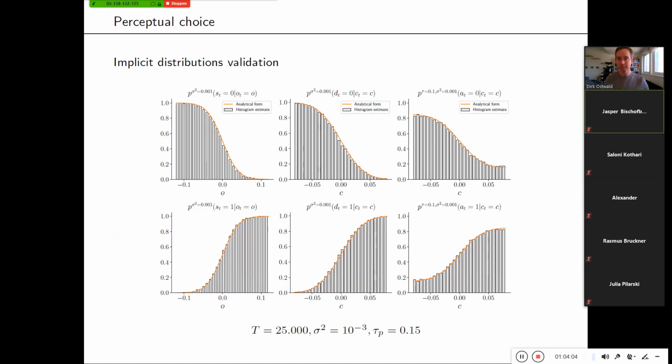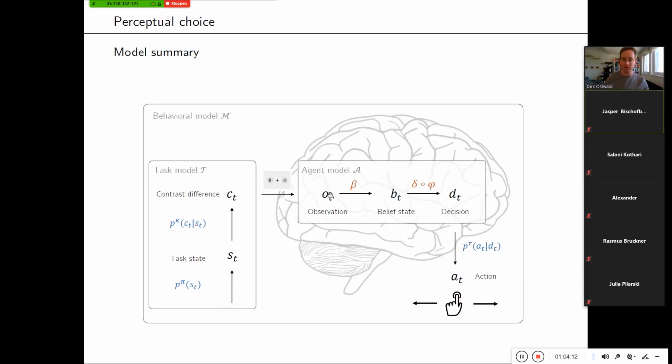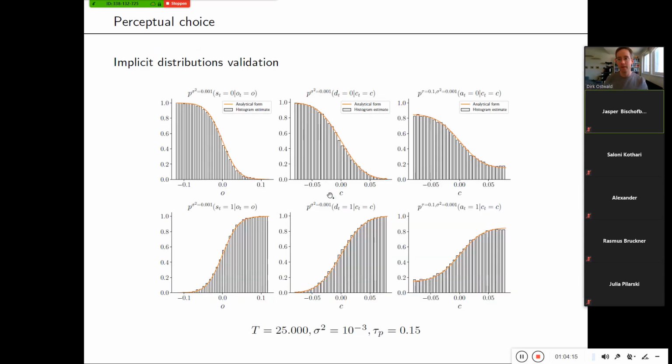Yeah. Good. These are the implicit distributions again, because we're now getting from model formulation to model simulation. And this is where these implicit distributions come in again. The first thing that we already discussed as an implicit distribution was the agent belief state.